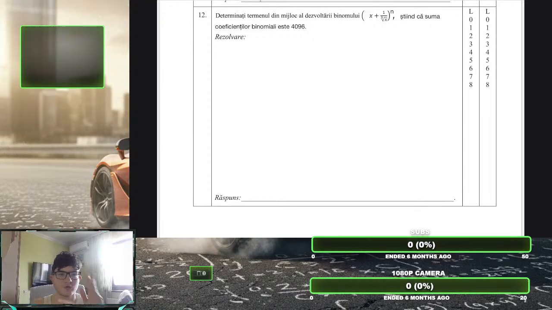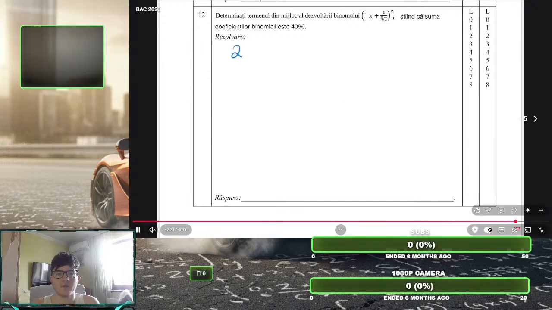I'm gonna be able to solve this. First up, you calculate n using the formula for the sum of coefficients, so 2 to the power of n equals 4096. So you think, 2 to what power gives you 4096? That is 2 to the power of 12. So n is 12, right?